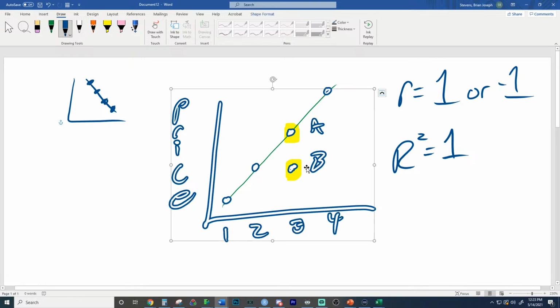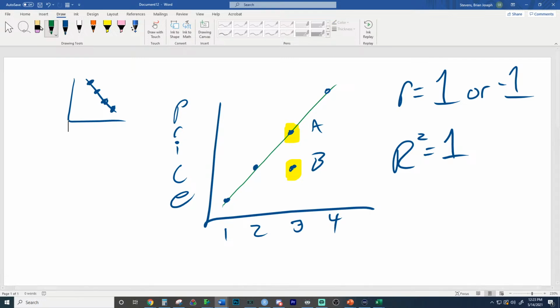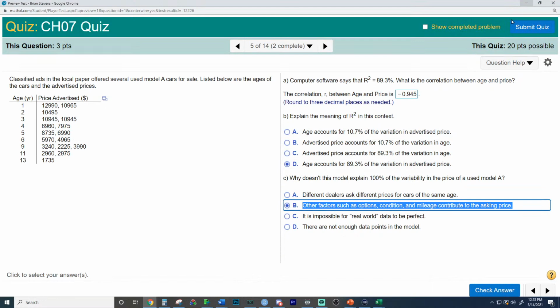And so only when you have data where it is perfectly linear can you get an r squared of 1 right here. They should reword the question. So I always had my issues with that question.